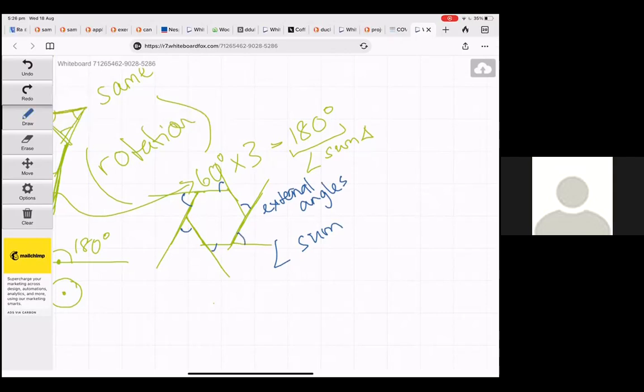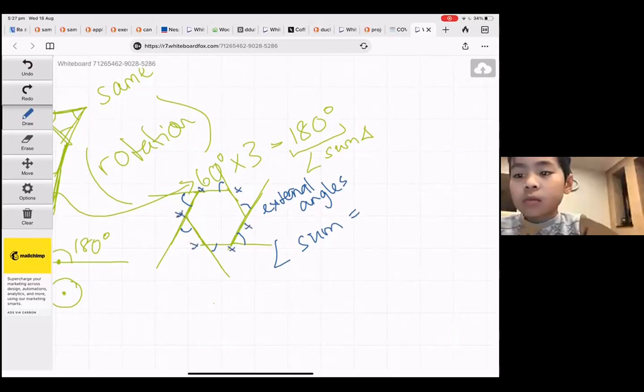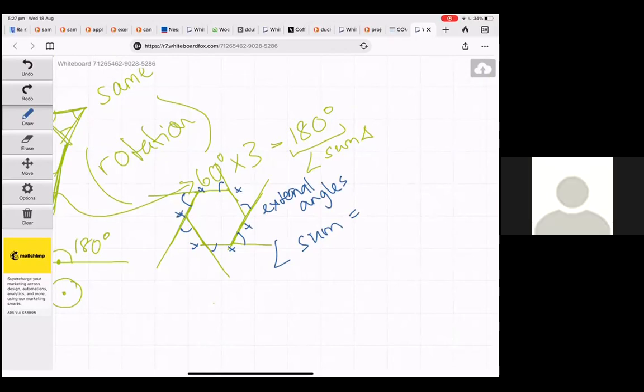Does someone want to guess what the sum of all the external angles is? The angle sum of all the external angles is 360 degrees because it creates a whole revolution when we turn around.